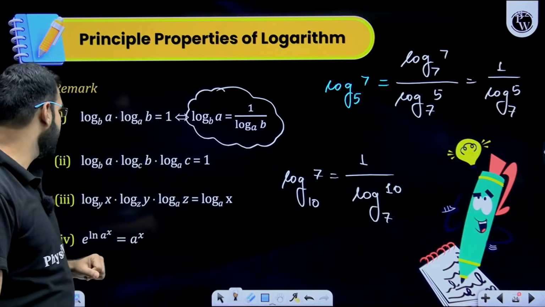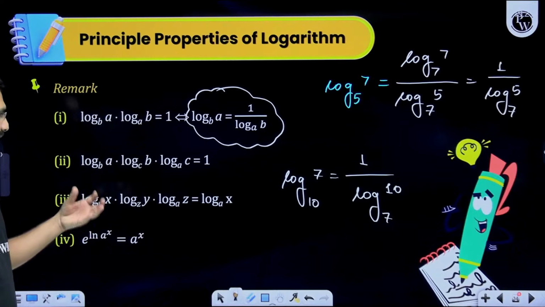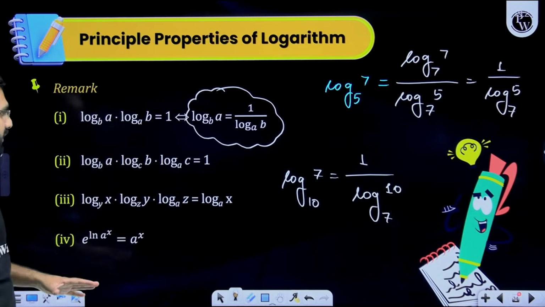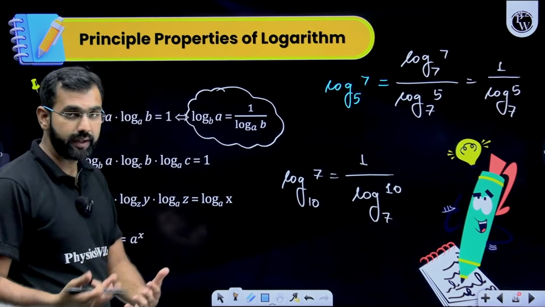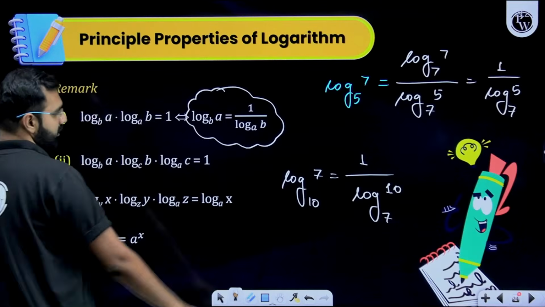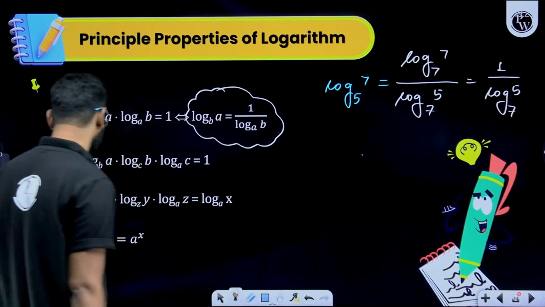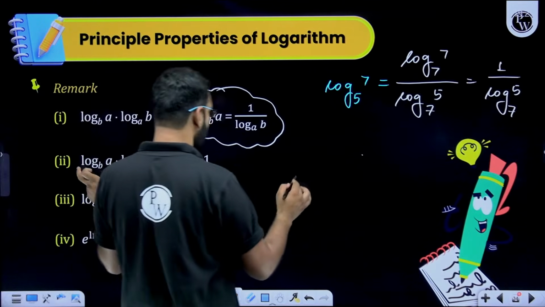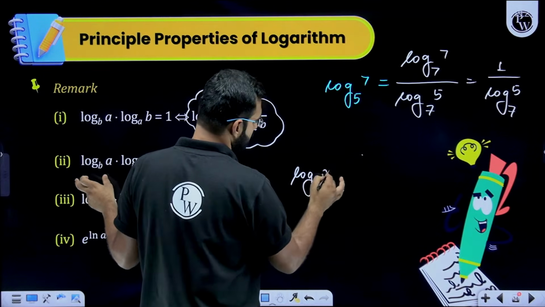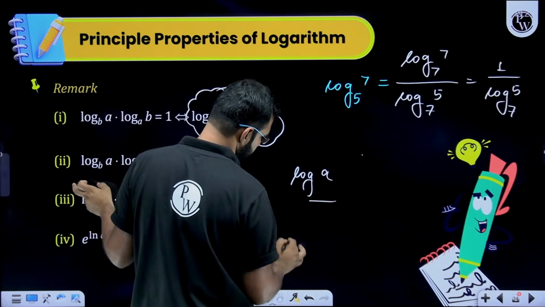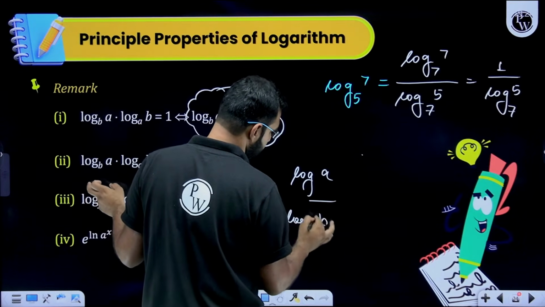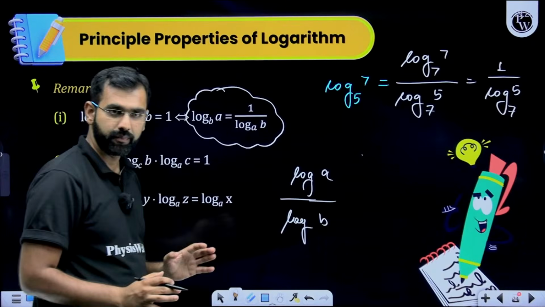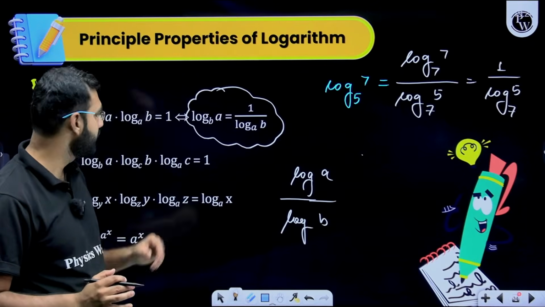Now from here, when I go ahead, these are not the properties, they are simply the conclusions which you can understand by having this idea of converting it into the desired base. What does it mean? Let me explain any of these. Let's say I explain this one. So log a base b, I can write as log a by log b, both at base 10. If not mentioning base, it means the base is 10.